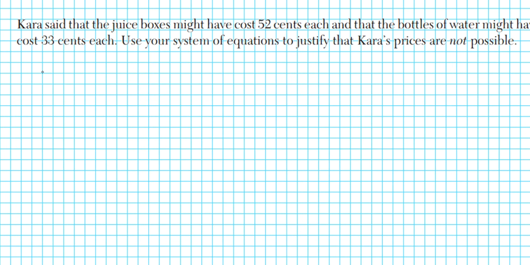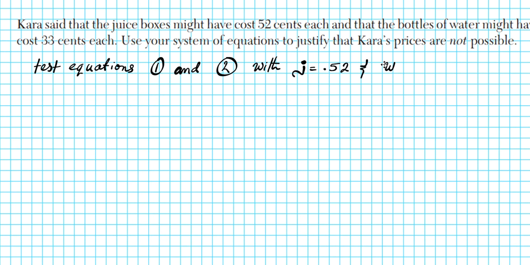Okay, so we're going to test equations 1 and 2 with Kara's solutions, basically with 52 cents for juice, J equals 0.52, and W equals 0.33.